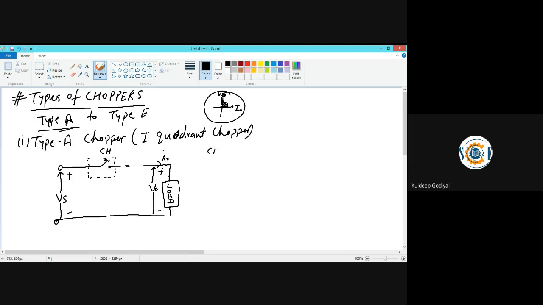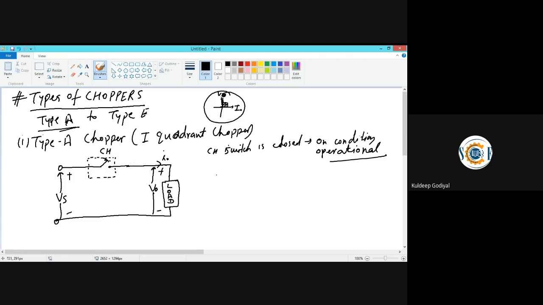If the chopper switch is closed, it means the thyristor employed here to work as a switch is in on condition, or you can say it is operational. When this chopper CH is operational, the load current will flow in this direction.